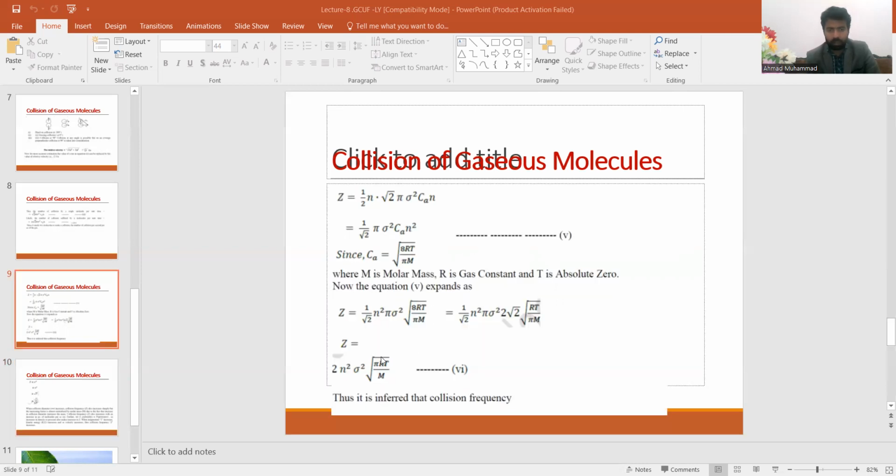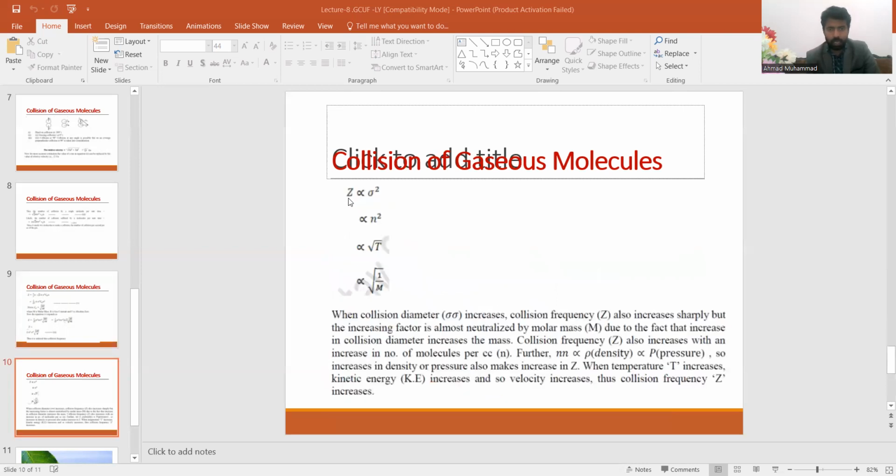From this equation we can derive some relations: Z is proportional to sigma square, proportional to n square, proportional to the square root of T, and proportional to 1 over m.